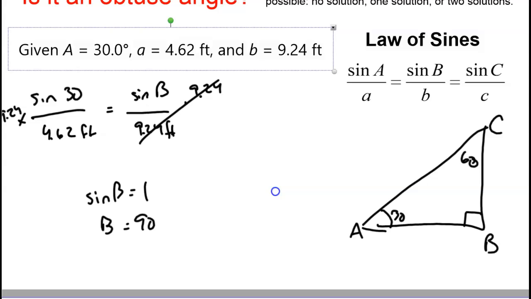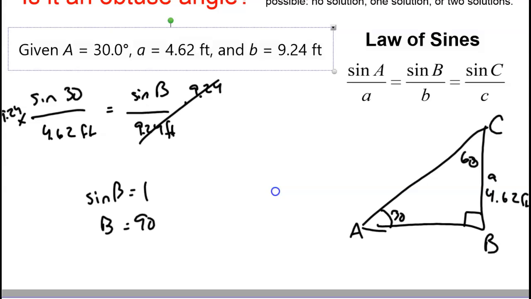And so we can remember then that if side A, opposite of angle A, is 4.62 feet, then that means that the longer leg is equal to side A times the square root of 3.